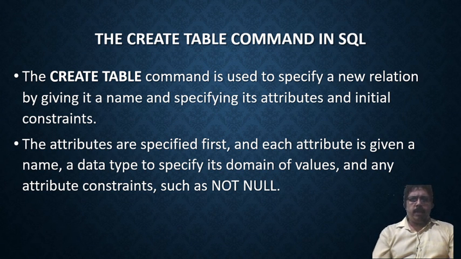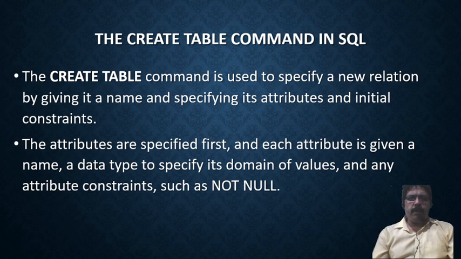Now let us see how we can create a table. In SQL we use the create table command, which we have already demonstrated in the lab sessions, and which is used to specify a new relation. Here relation means table, and it can be created with some general attributes and some initial constraints.